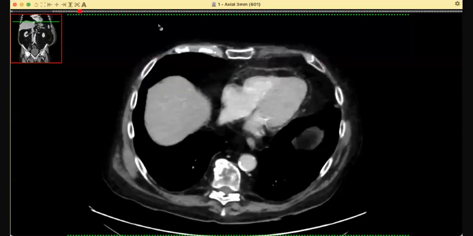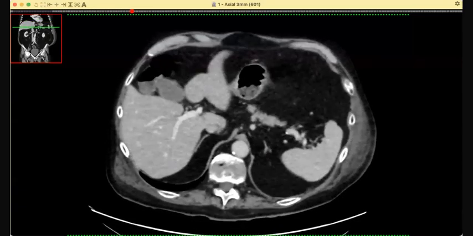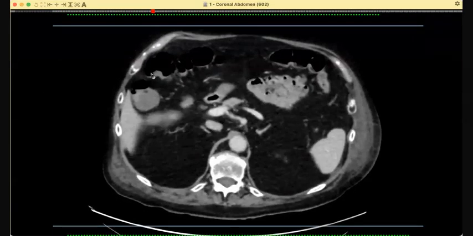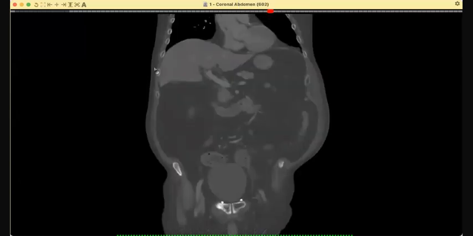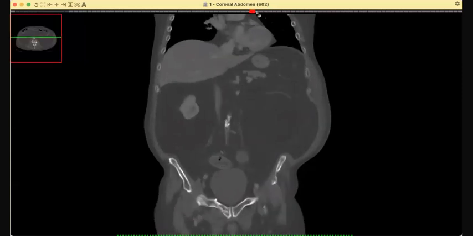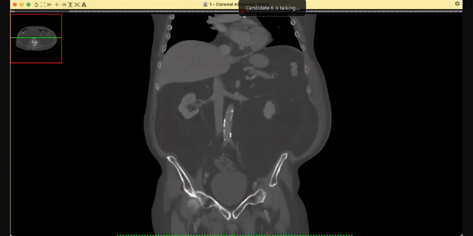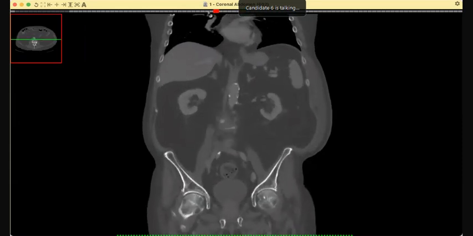Just one second, please. Which window do you want to see? Bone window. I've given you bone window here. I'm trying to scroll. It's a bit lagging on my end.